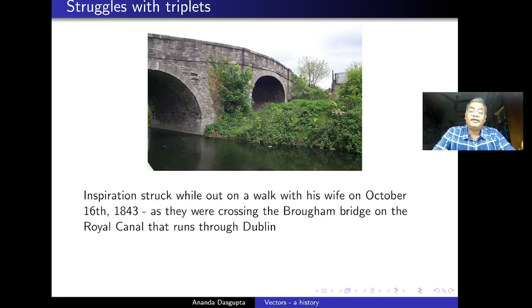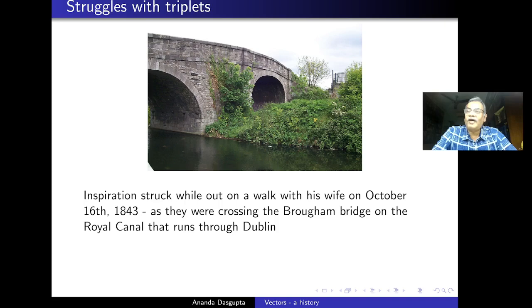Inspiration struck Hamilton while he was out on a walk with his wife on October 16, 1843, apparently as they were crossing the Brougham Bridge on a royal canal that runs through his hometown of Dublin. And the inspiration that struck him was basically that you could not get a field out of triplets, but you could out of quadruplets or quartets.